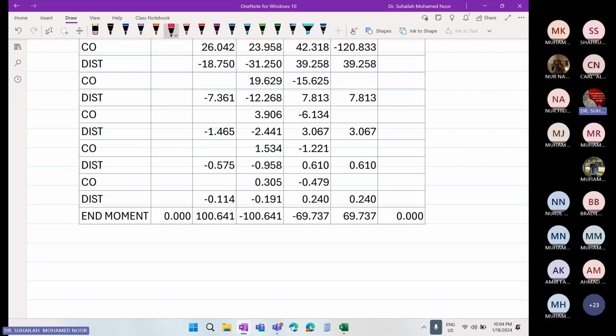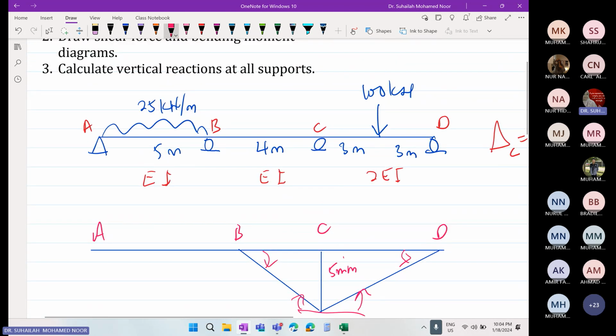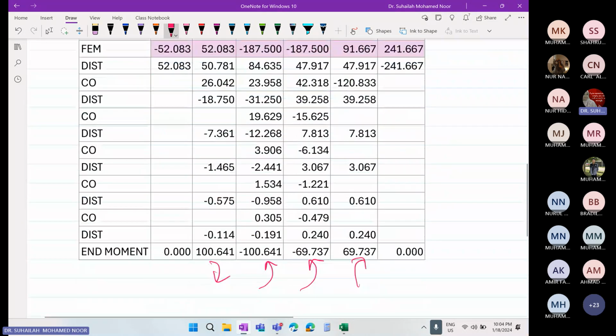First, put the moment directions: this is clockwise, this is counterclockwise, this is counterclockwise, this is clockwise.